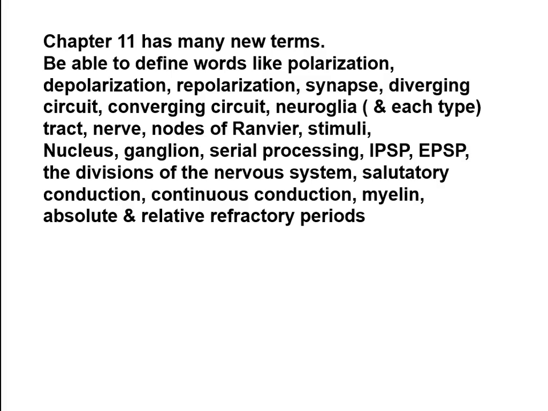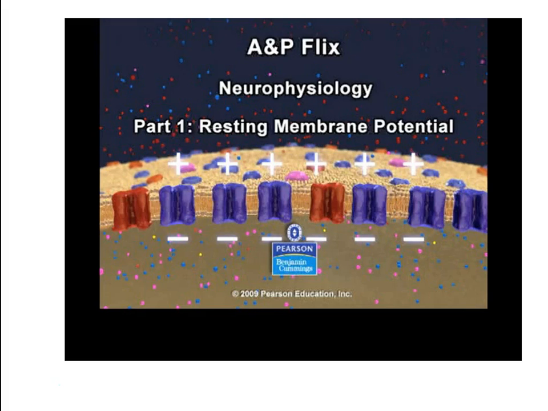What is a ganglion? What is serial processing? What is an IPSP? What is an EPSP? What are the divisions of the nervous system? What is saltatory conduction, and how does it compare to continuous conduction? What is a myelin sheath? What are absolute and relative refractory periods? So just to remind you of a little bit of this information, let me show you a few movies again.